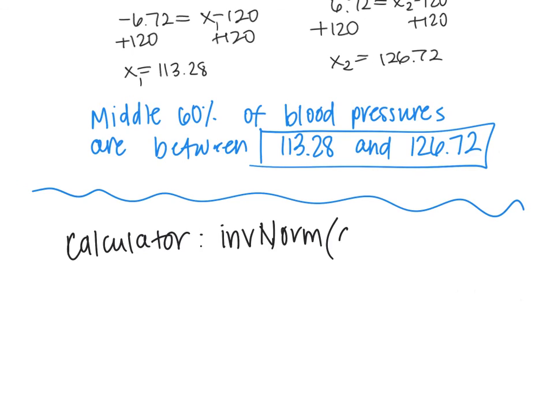Then we put the area to the left, the mean, and the standard deviation. This will only give us the lower value, which we would then have to repeat to give us our upper value as well. But again, I'll show you how to find this function on your calculator when I see you in class.